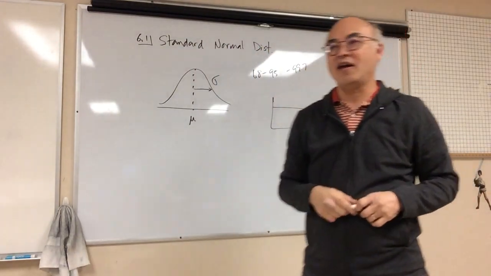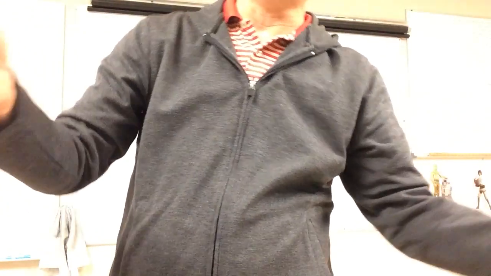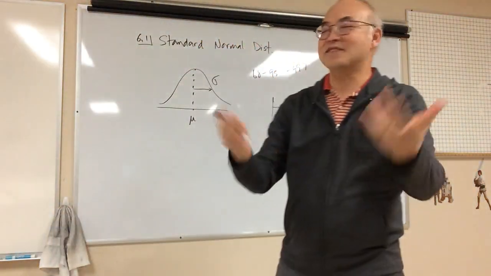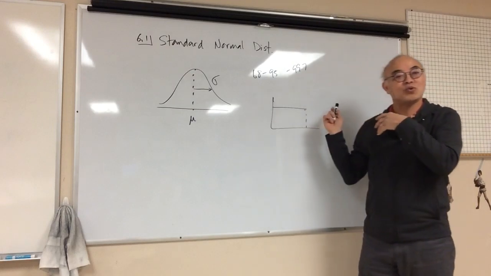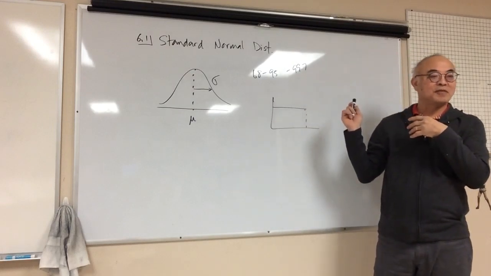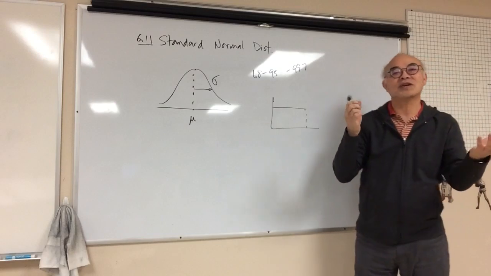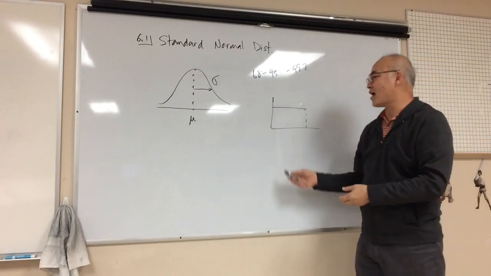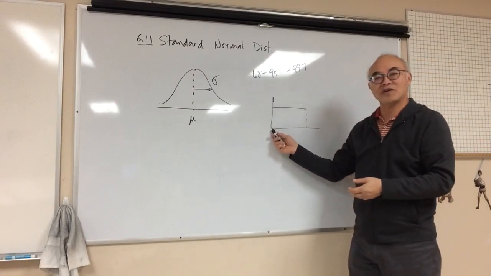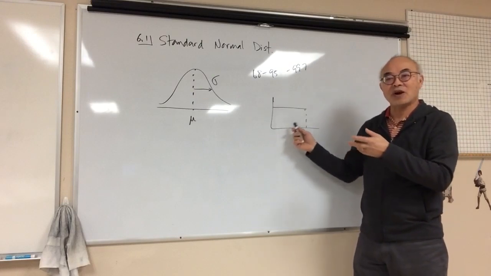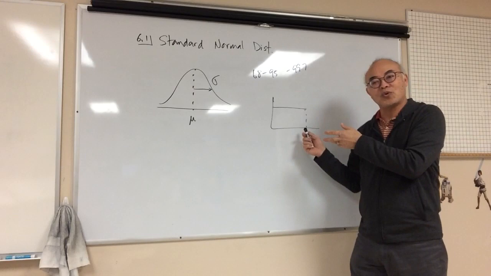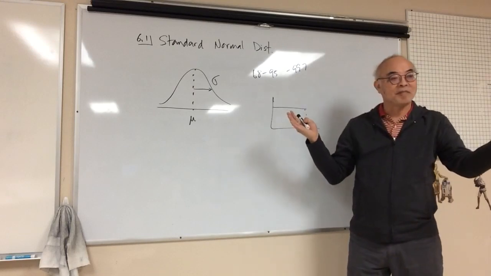So if I'm the Dallas Cowboys, and I have a uniform distribution of scoring a touchdown, it means the possibility of me scoring a touchdown at the start, the 1 minute mark, the 2 minute mark, the 5 minute mark, or at the end of the fourth quarter, is the same.